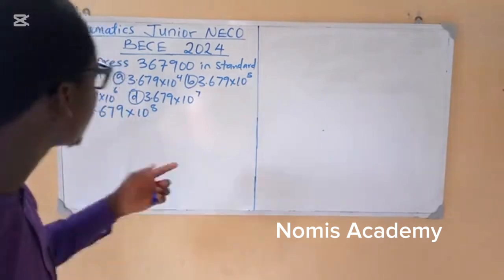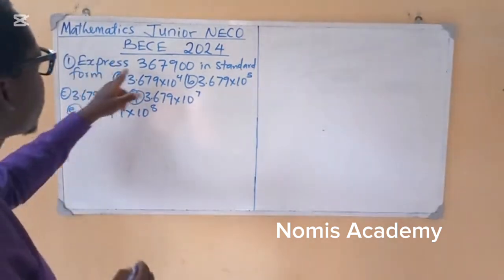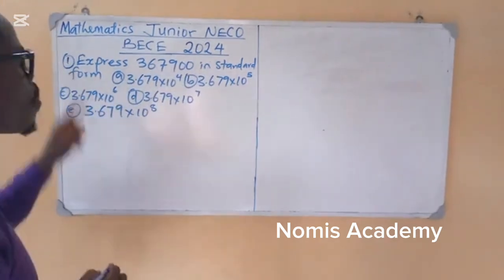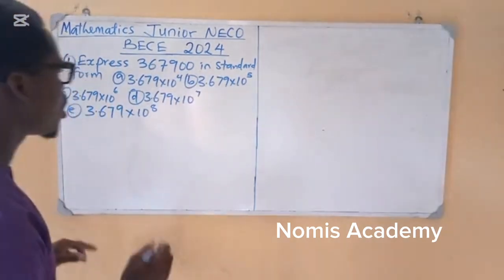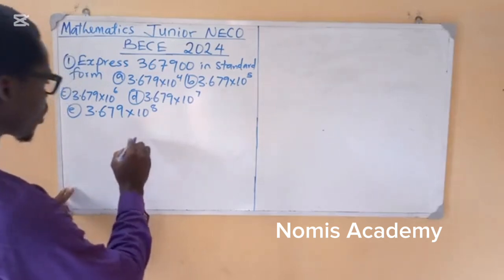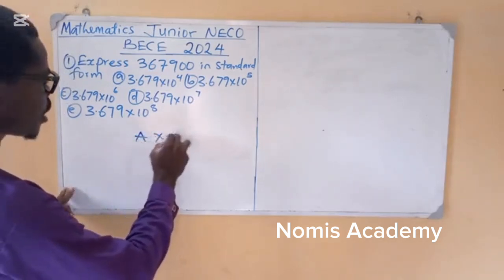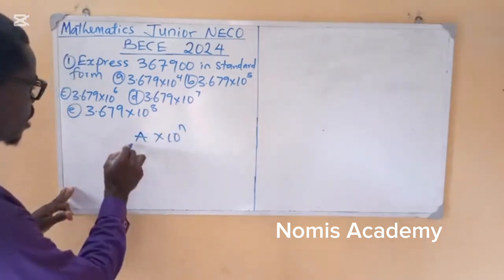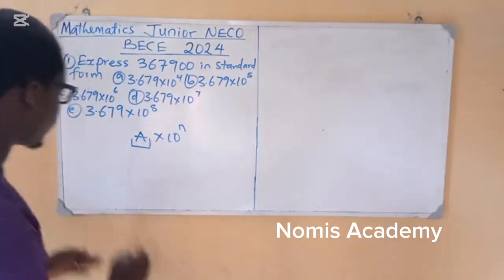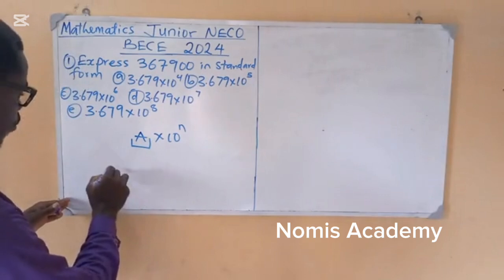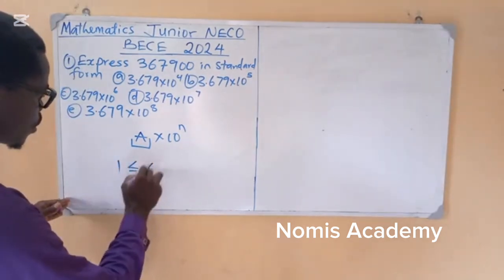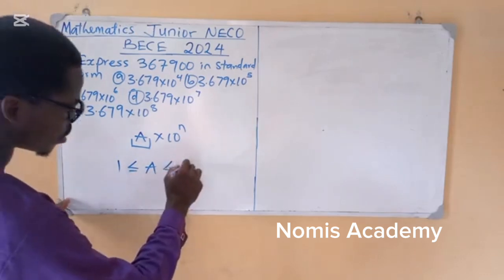Now, let's solve this problem. You say express 367900 in standard form. In standard form, your number is expected to be in this form: A times 10 raised to the power of n, where A is meant to be within the interval from 1 to 10.